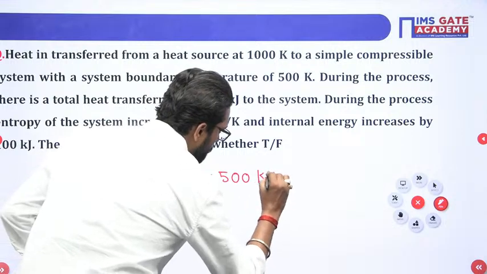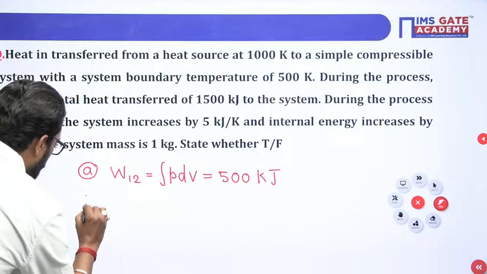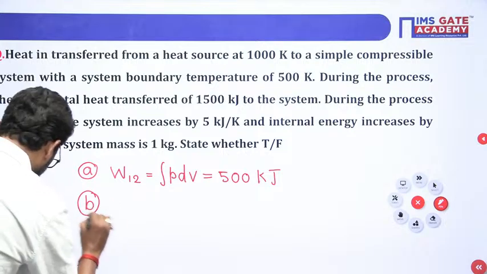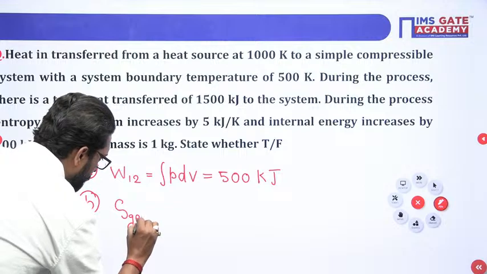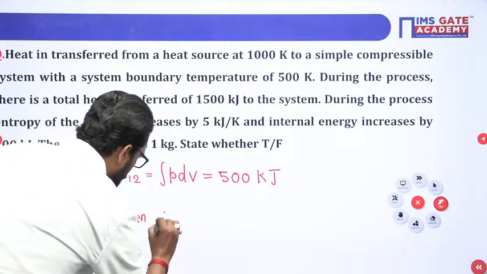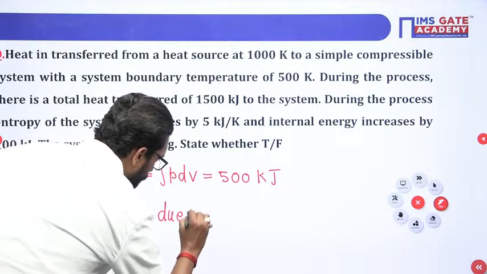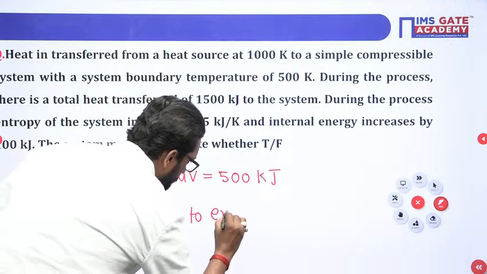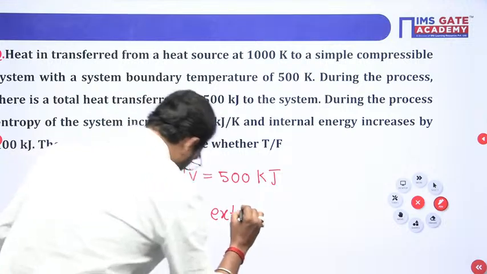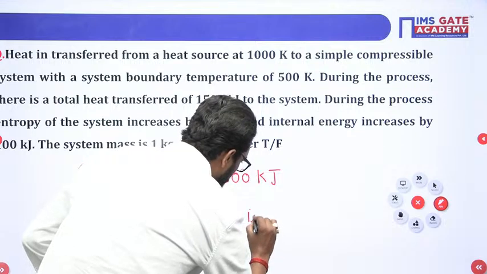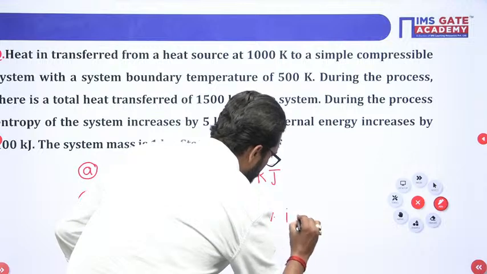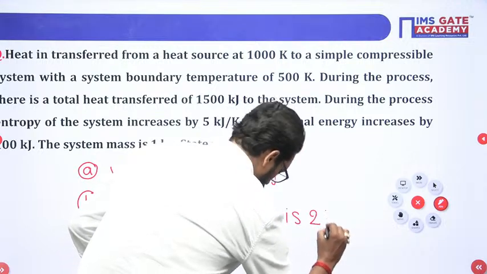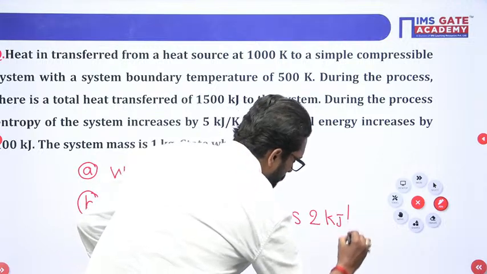And statement B, the second statement: entropy generation due to external irreversibility is 2 kilojoule per Kelvin.